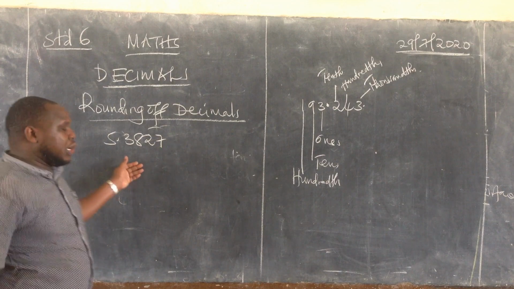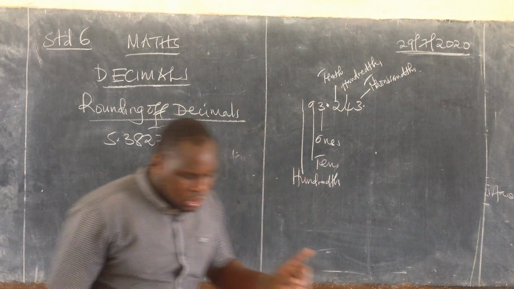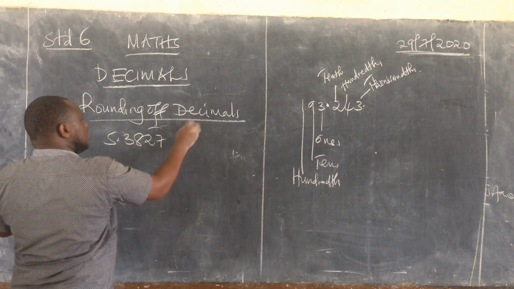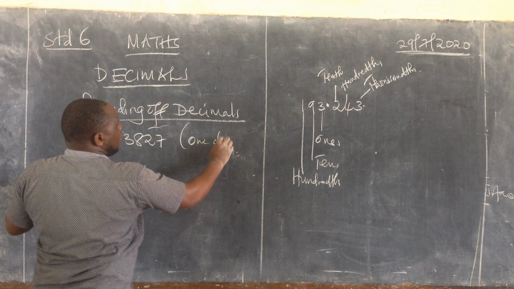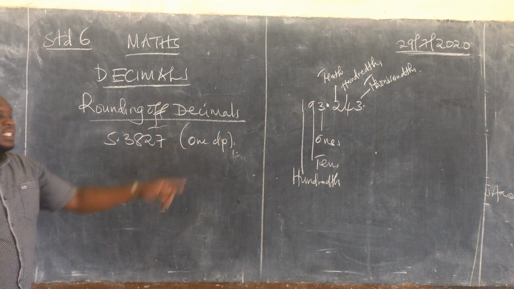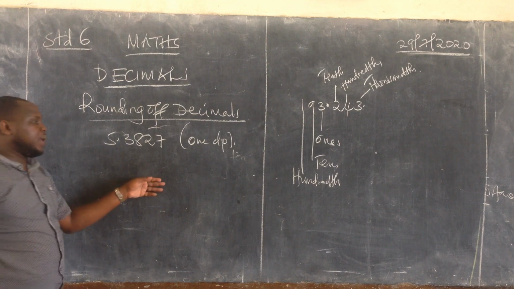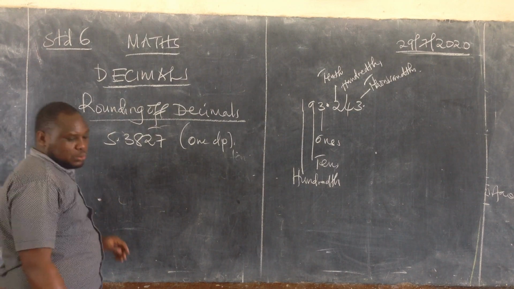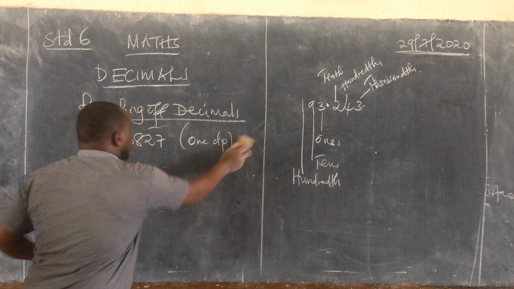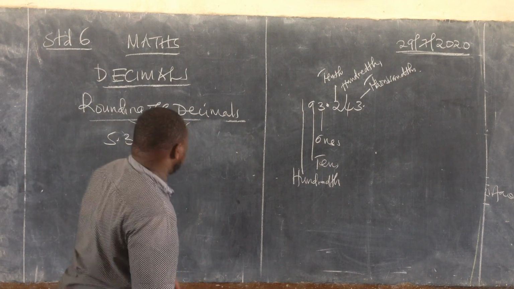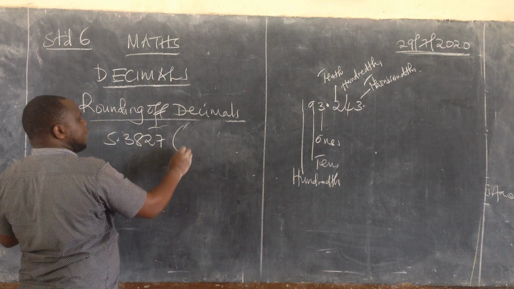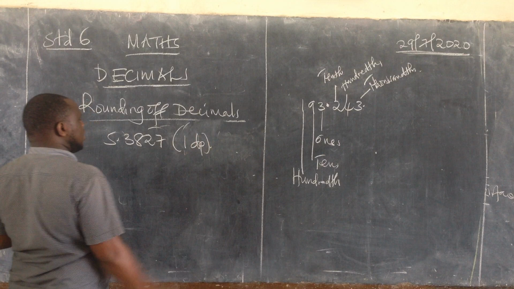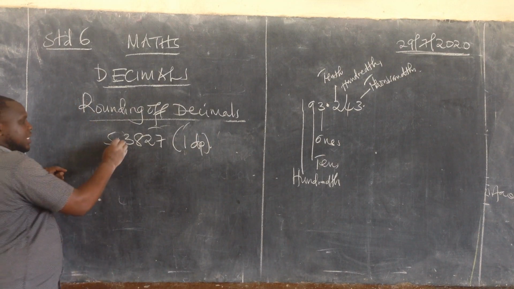You are told to round this to one decimal place. DP in this case means decimal place. I want you to familiarize yourself with what you are going to find in exams. Round to one decimal place, and it is going to be written like this. So that means one decimal place.